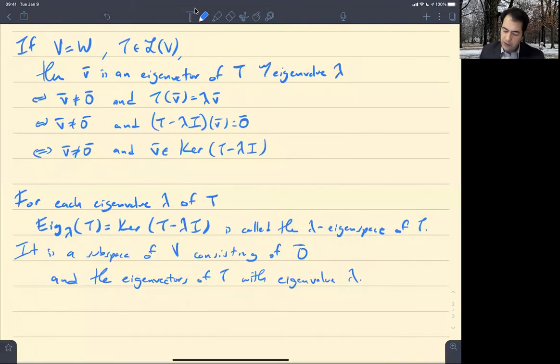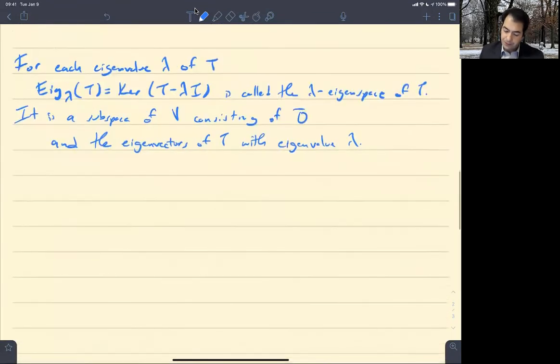Okay, great. So that's a couple of things about the kernel. Now let's take a look at the range. So for example, what if you have a linear map that's working by matrix vector multiplication? What is the range?